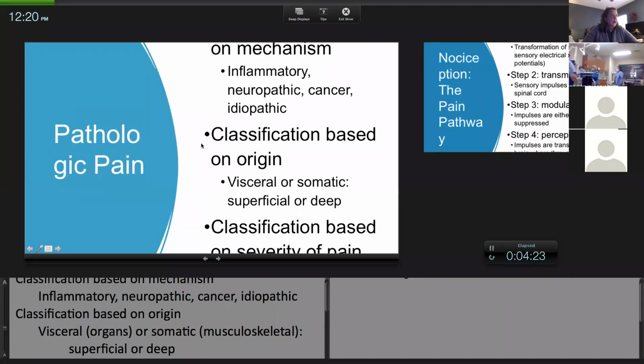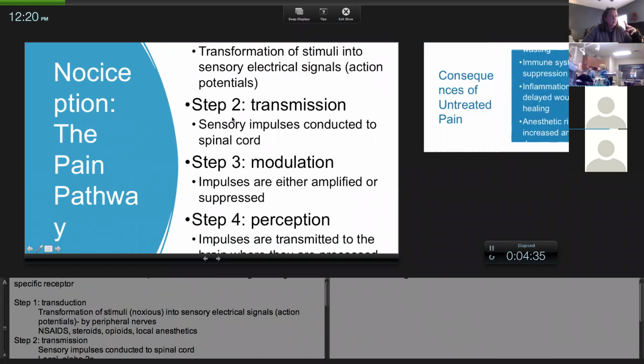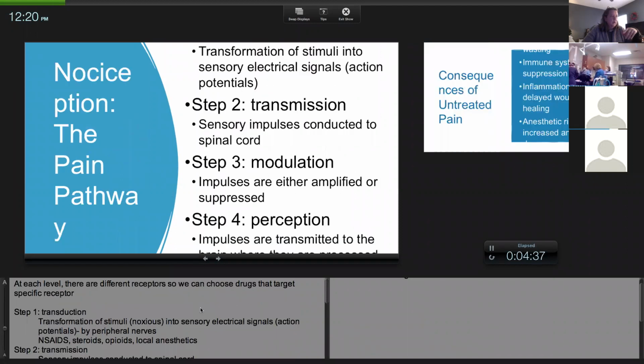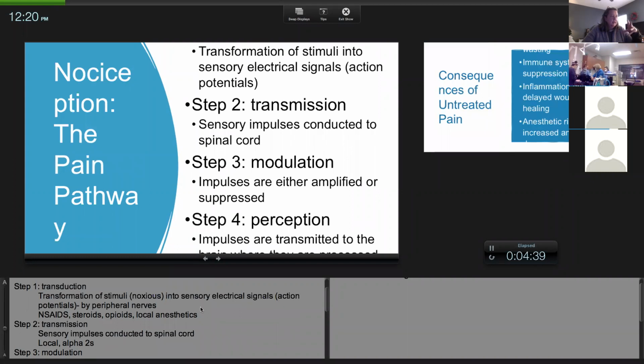Now, you've got the classification of pain based on the type of pain that we see. Is it visceral, somatic? Is it severe? Is it superficial? We've also talked about the pain pathway. Basically, you have a noxious stimulus, so something is detected. A signal is sent through a peripheral nerve.